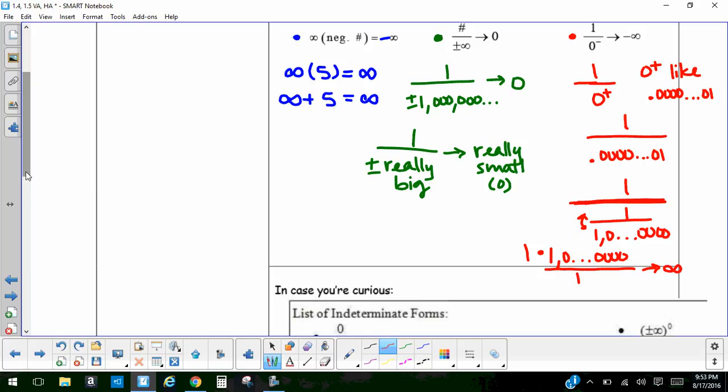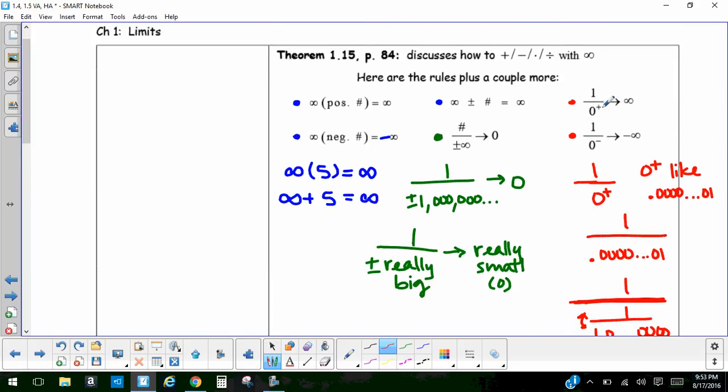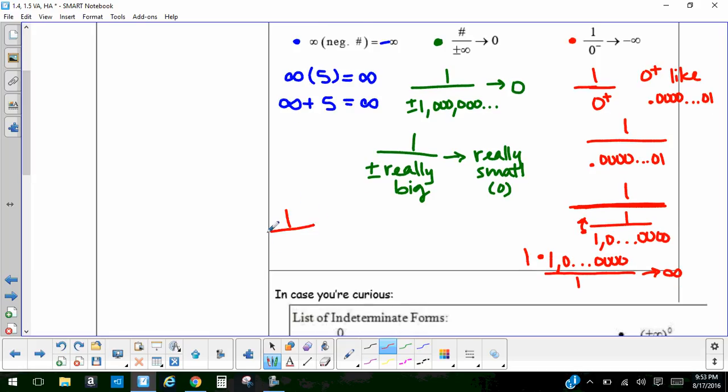So what we learned from these two examples is that if I have 1 over something that is really small, close to 0, that is going to approach something that's really large, but I could get infinity or I could get negative infinity, depending on whether I was doing 0 from the right or whether I was doing 0 from the left.